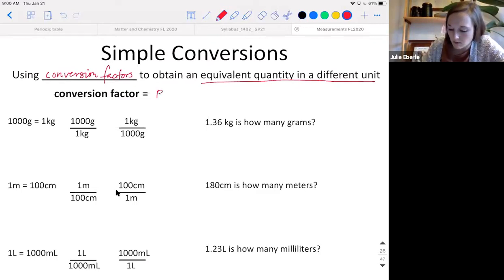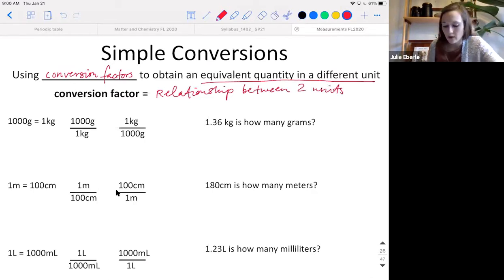It's just the relationship between 2 units. So we're going to answer these questions over here. In fact, we're probably just going to do 2 of these for time's sake before we move on.